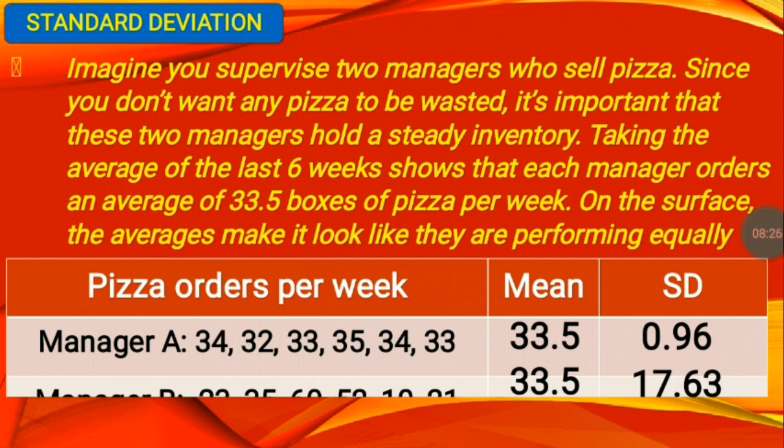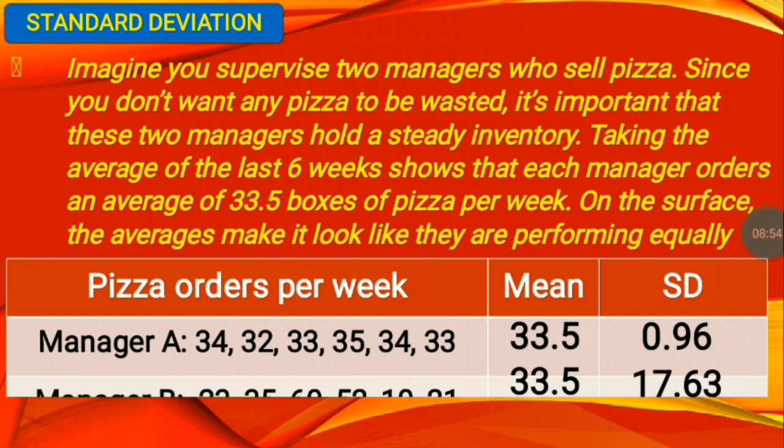So for manager A and B, their mean is 33.5. Even though you could see that their data varies widely and differs from each other, they have the same mean.